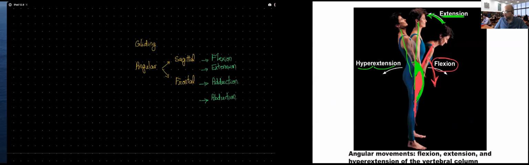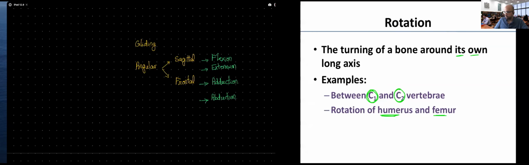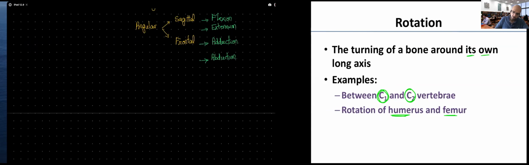We then did discuss another type of movement, which is the rotational movements. And remember, the rotation movement is the turning of the bone around its long axis. And we did see two examples on here.